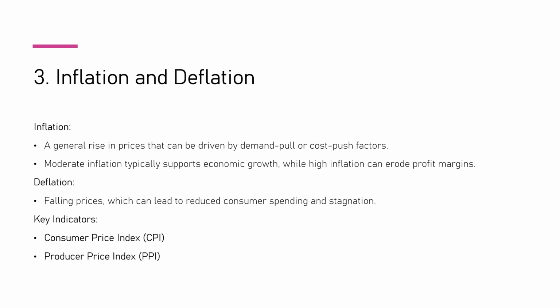Traders track key indicators like the Consumer Price Index, CPI, and the Producer Price Index, PPI, to assess inflationary trends and adjust their strategies accordingly. Understanding inflation and deflation helps traders position themselves effectively in different market conditions, whether through sector rotation or hedging strategies.